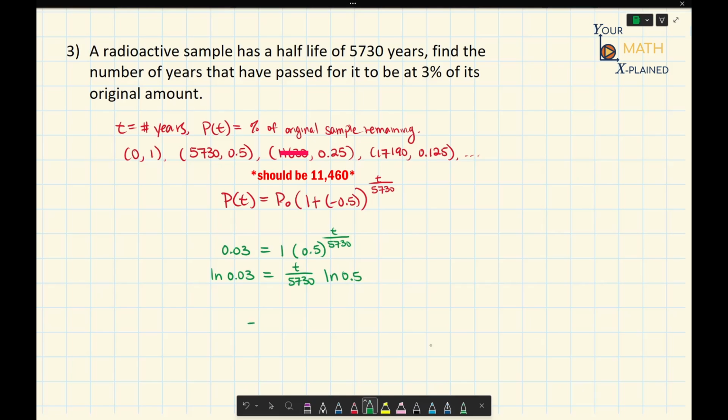Isolating t is going to give us t is equal to 5,730 times ln of 0.03 divided by ln of 0.5. And then putting that into your calculator gives you roughly 28,987.46 years.